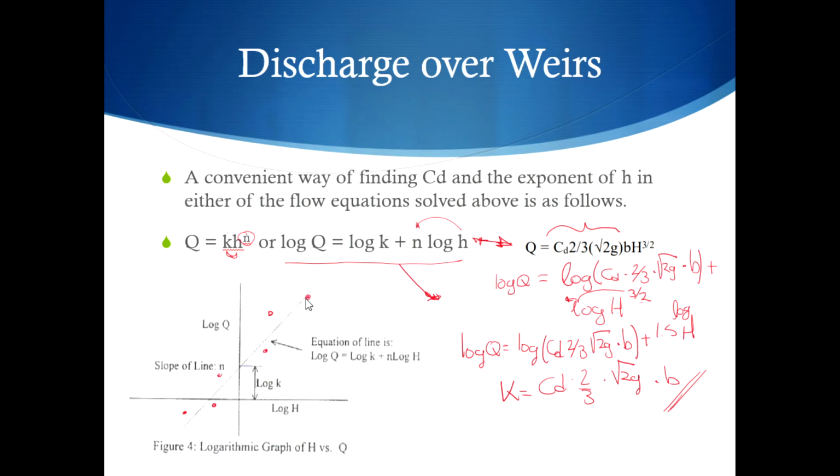You can rewrite your measurements of h and Q into the coordinate system as log h and log Q. If you do this, then you can easily find the regression equation in Excel for these data sets.